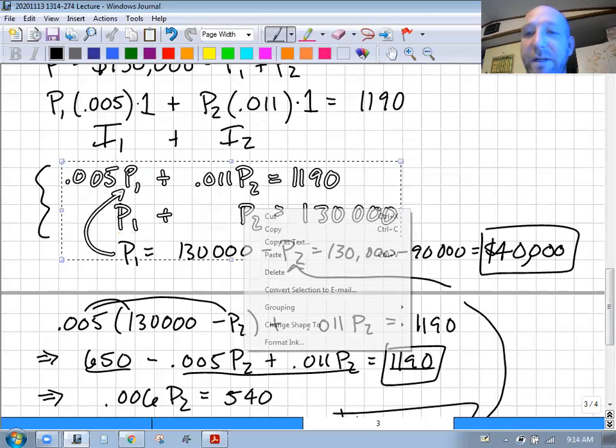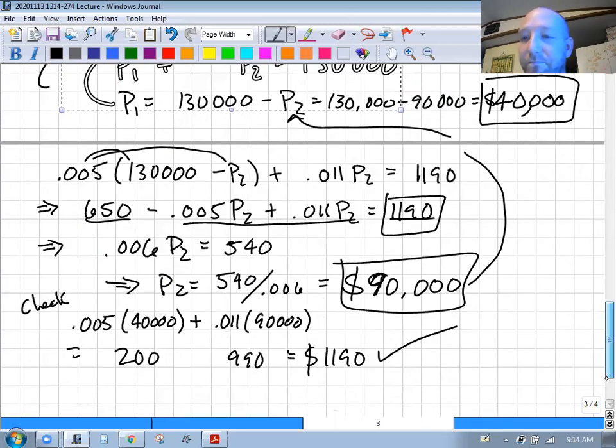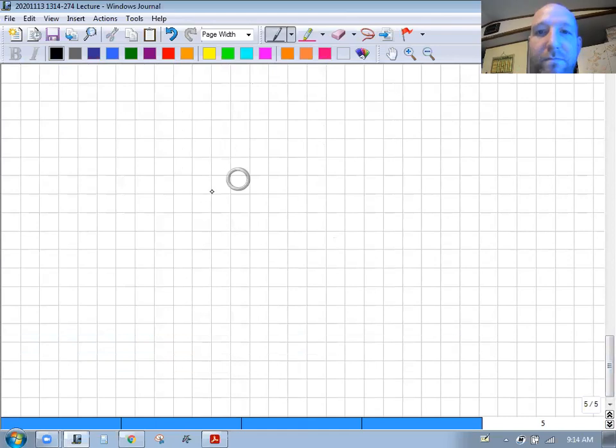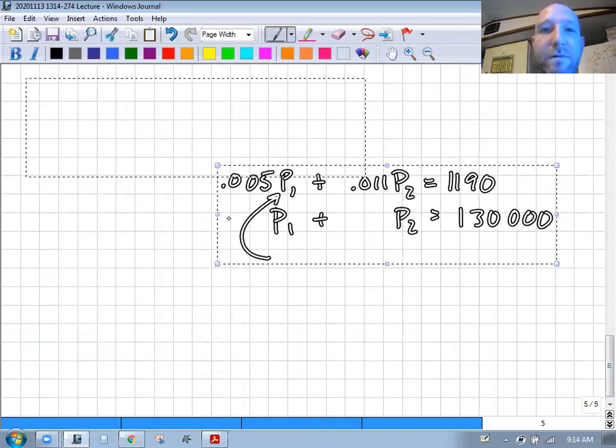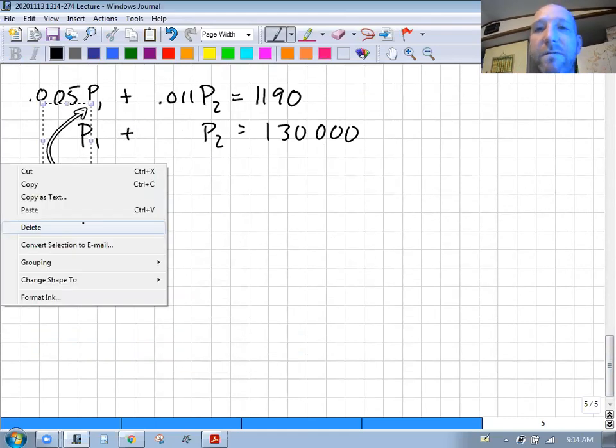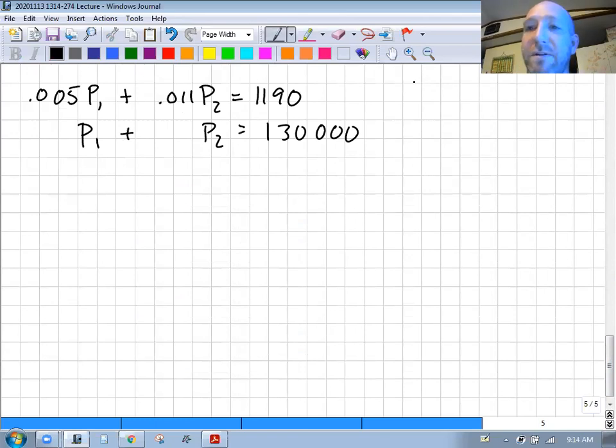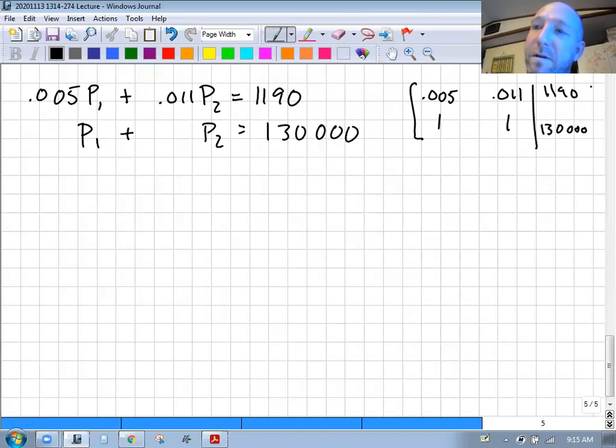Let's do the elimination method here. All right, just for fun, what would the augmented matrix look like? It would be 0.005, 1, 0.011, 1, 1190, and 130,000.